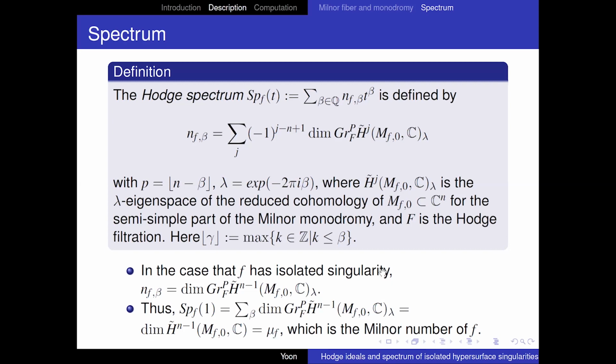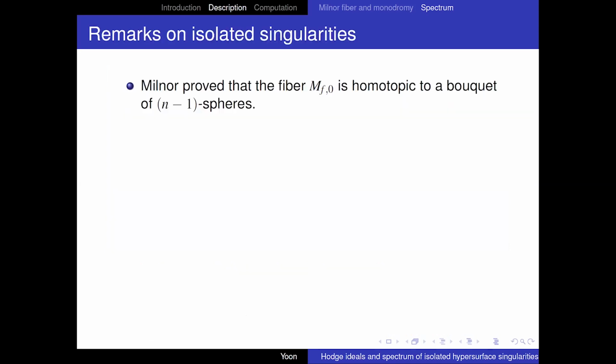I think many of you know what a Milnor number is, but let me just remind you with a review. For an isolated singularity, Milnor proved that the Milnor fiber is a bouquet of spheres. The spheres have dimension n-1.